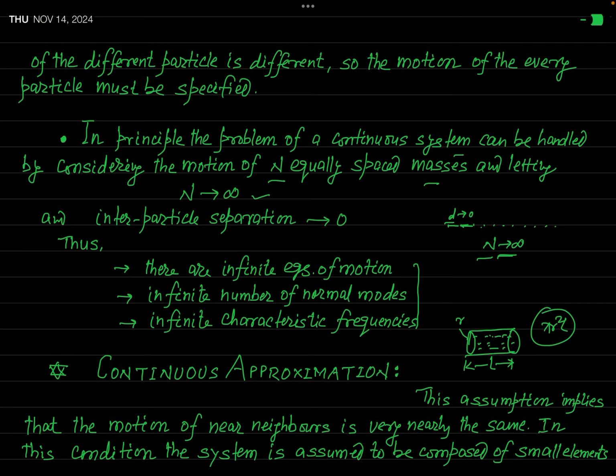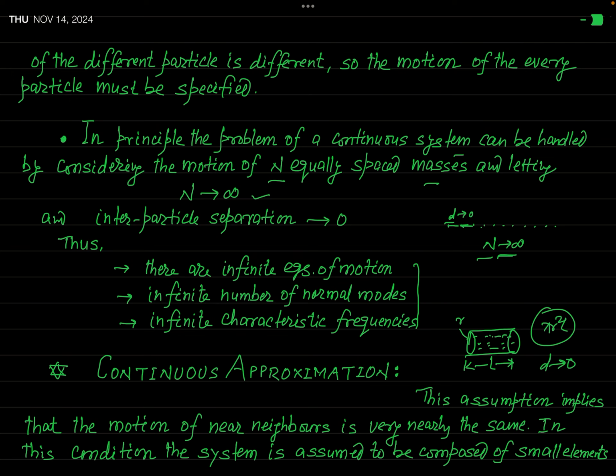Then definitely each and every particle will be in contact with one another. No two particles will be separated by a finite separation. So in this condition, you may say that the distance between two neighboring particles will approach zero. If d is the separation between two neighboring particles, this d will tend to 0.